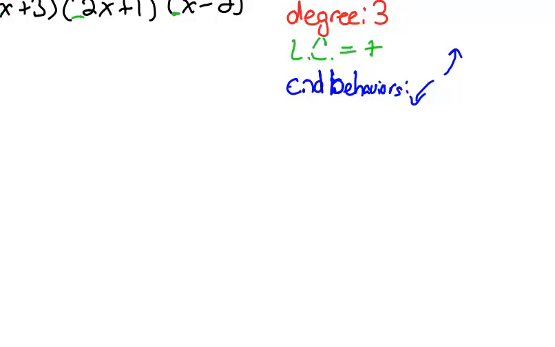And these are some things that we can usually look at first thing and find out: the degree, the leading coefficient, and the end behaviors.